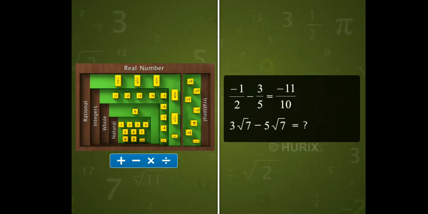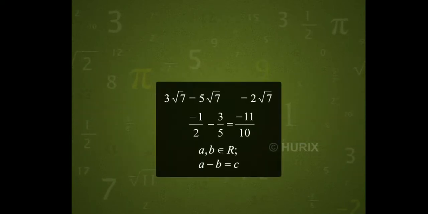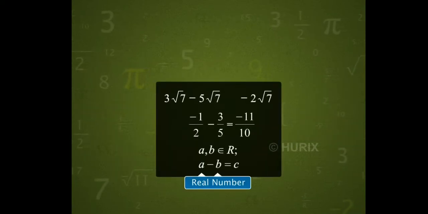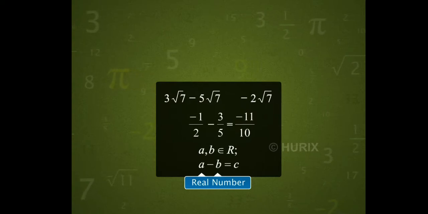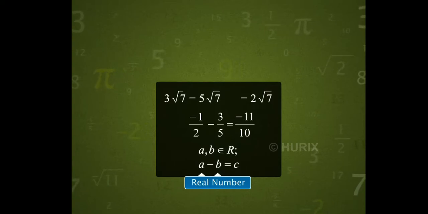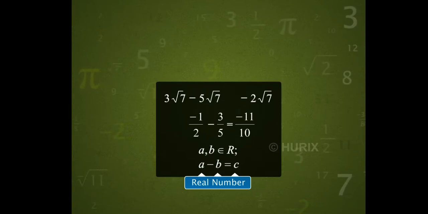Here's another example. Thus, if A and B are two real numbers, then B subtracted from A is also a real number. Therefore, we can say that real numbers are closed under subtraction.